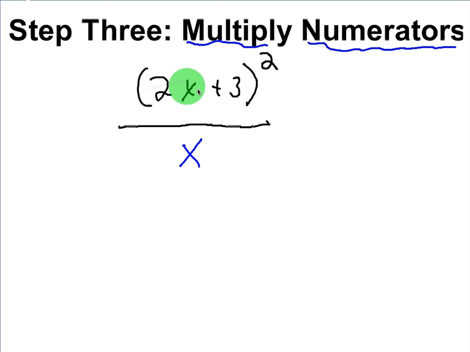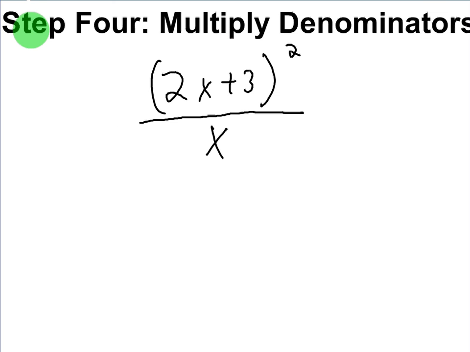So again, you could call step 3 simplifying, because that's actually what you're doing: simplifying the numerator. Because when you multiply those things, you don't want to FOIL it, because then you'll end up with 3 terms. It's better just to have one term like this squared. It's just simpler. The bottom is going to be step 4, multiplying the bottom, but there is nothing to do, right? So that's going to be your answer.